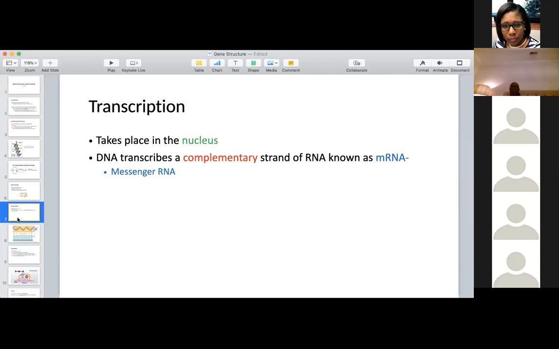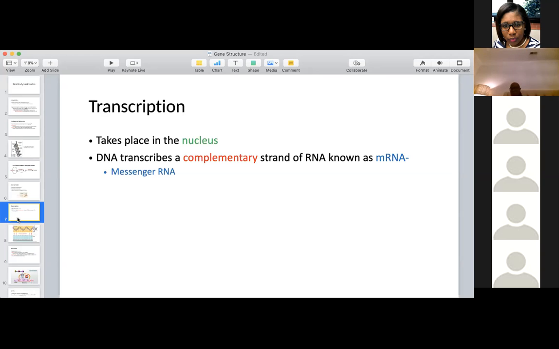We already talked about some of those internal cellular structures back when we toured the cell, and the nucleus we know was one of those very prominent features that we could see and identify very easily. We know that it contained the DNA. Now we know that inside the nucleus there's a process taking place known as transcription.